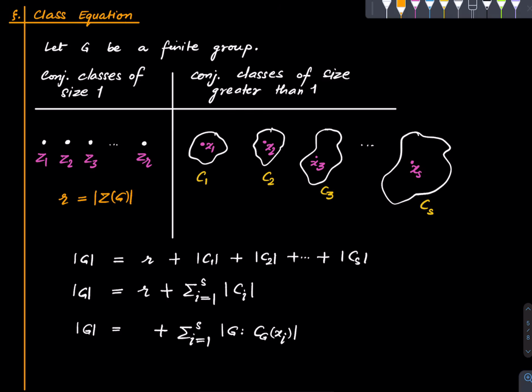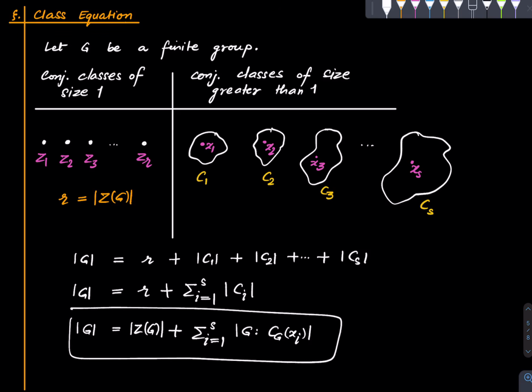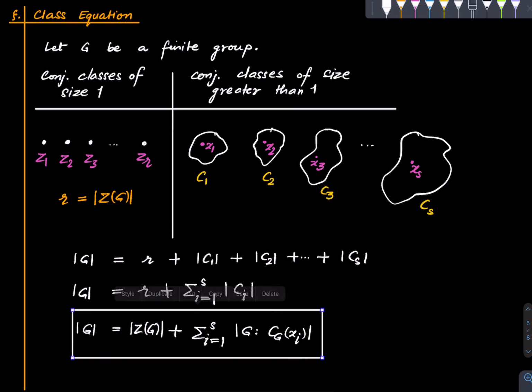Something has orbit size 1 under the conjugation action if and only if it commutes with everything, and hence its orbit has size 1 if and only if it lies in the center of the group, and therefore R is nothing but the size of the center of the group. So by that, here I can write the cardinality of the center of the group. And that is the class equation.